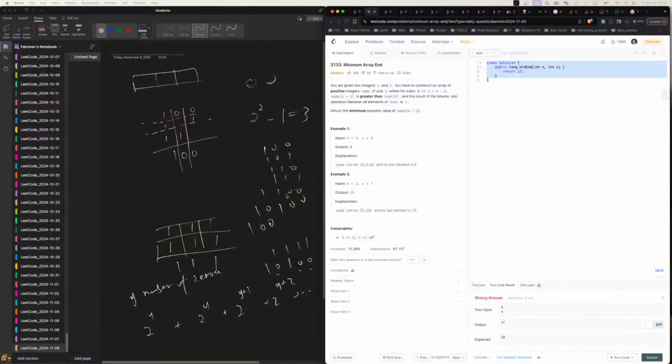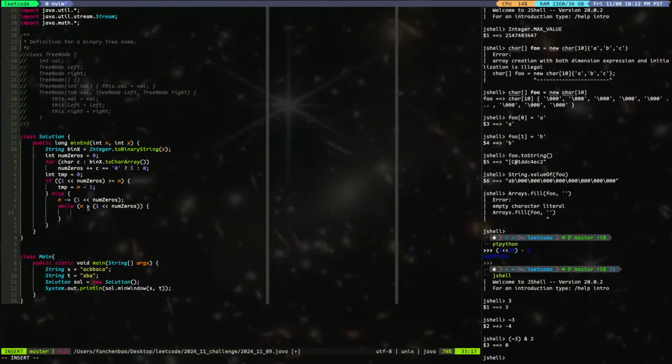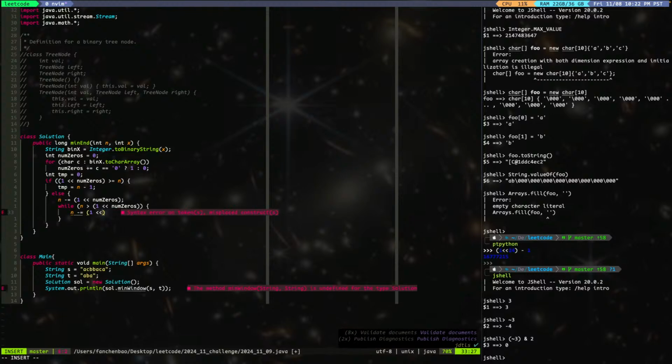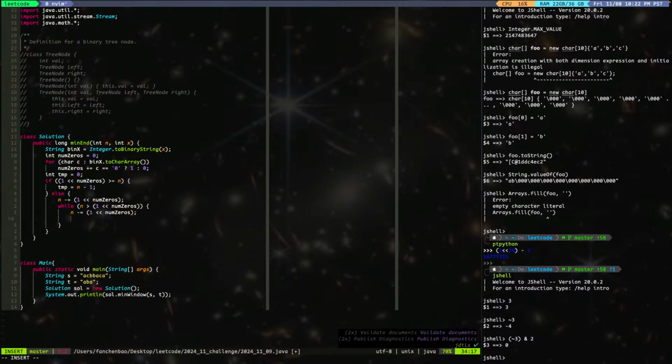So this is basically, we are just adding a 1 here, so we have the same number of zeros. So we say if n is larger than that, again, then we take away, right? We take away that much num zeros, okay? And num zeros plus plus, right?